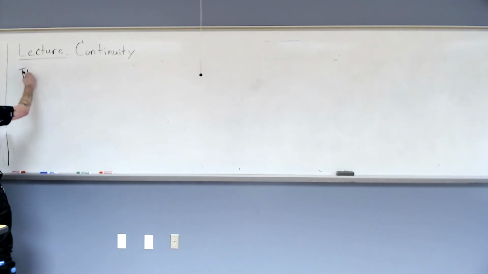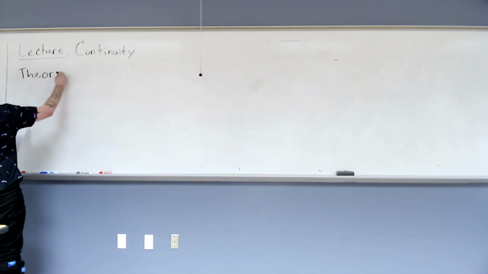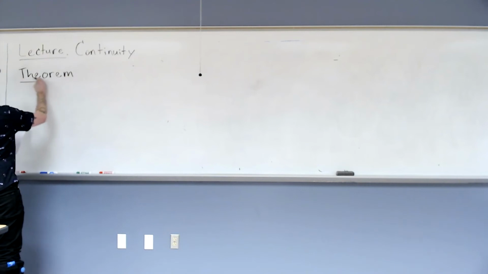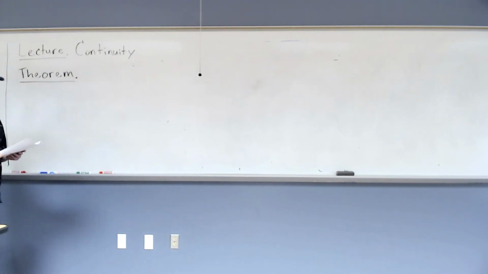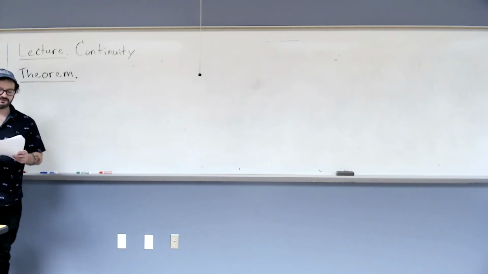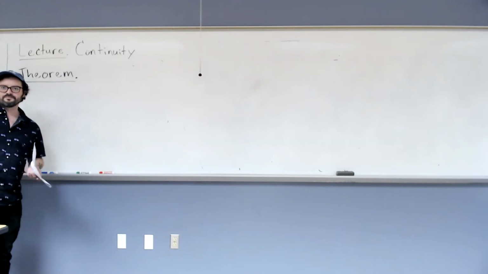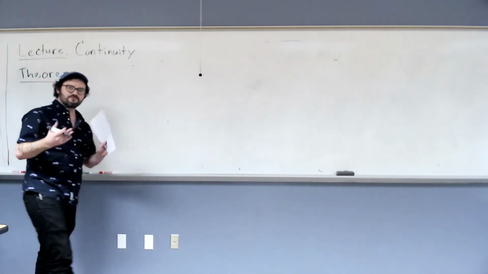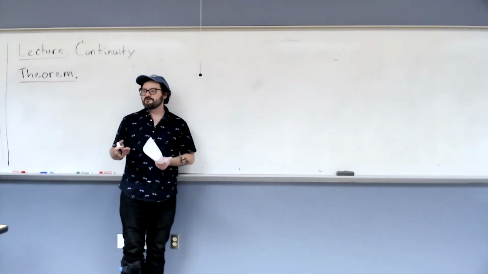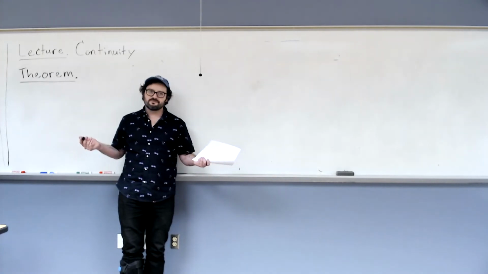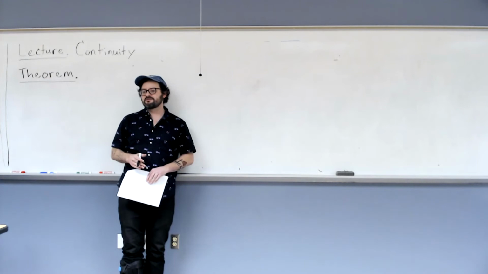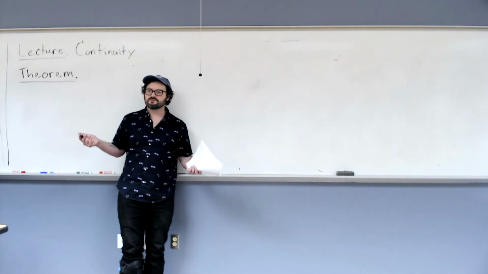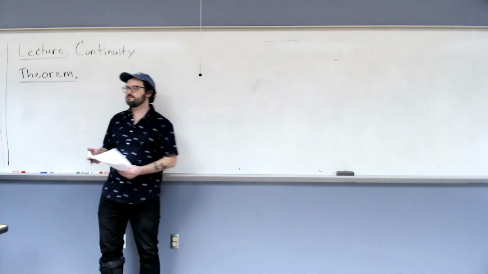So, as you might suspect, the scalar multiple, the addition of continuous functions, the multiplication of continuous functions, and even ratios of continuous functions will also be continuous, which makes life really easy because once you have a grasp of a bunch of simple, easy to understand functions that are continuous, then if you encounter something more complicated, you might see that it's some combination of operations between simple continuous functions, which means that the bigger function would be continuous.